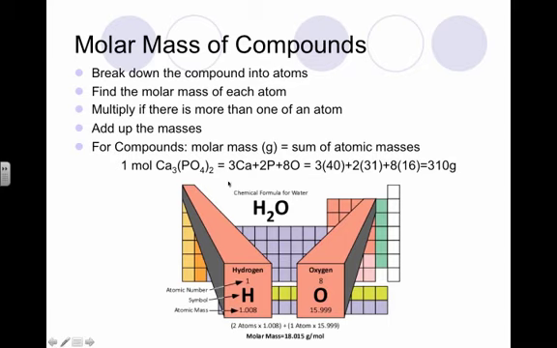The atomic mass of calcium is 40, so it's 3 times 40. Atomic mass for phosphorus is 31, multiplied by the 2 for the ratio in the compound. And atomic mass for oxygen is 16. These get multiplied and totaled up together to get you 310 grams. And that 310 grams is for 1 mole of calcium phosphate.